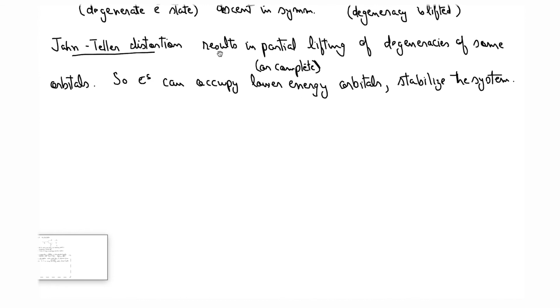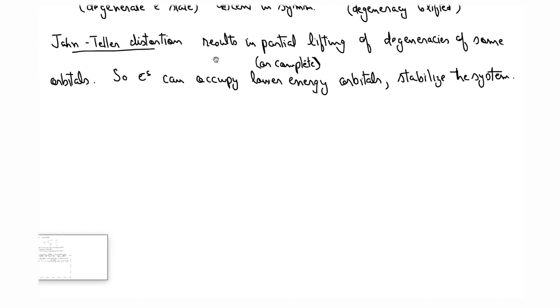This is not true for all of them, but in certain electronic configurations only, where distortion is possible, it happens. So the perfect geometry for those states does not exist as a stable state, and if you want to stabilize yourself, you have to descend in symmetry and deform yourself and go to lower symmetry.